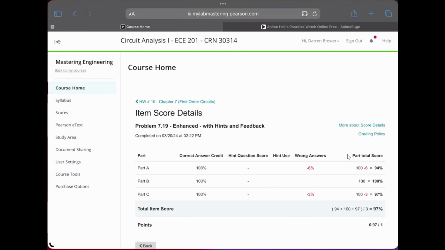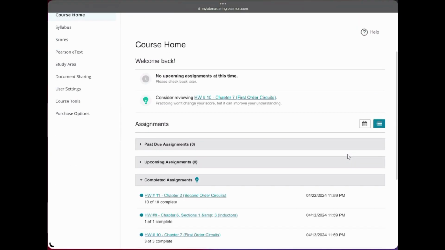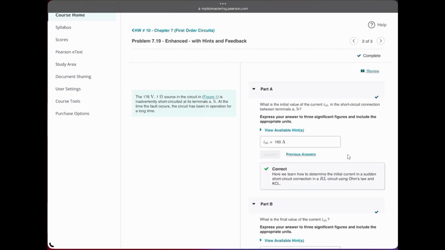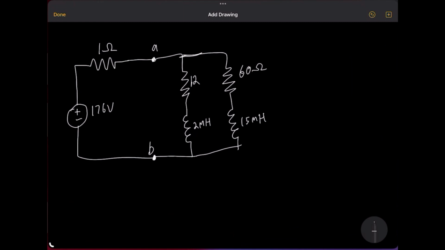Let's quickly pull up first order. Second question. Okay, now let's draw this circuit that we're given really quick. Let me draw it real fast. Alright, so this is going to be our circuit that we're going to start with for this second problem.